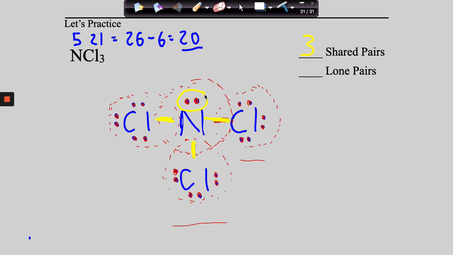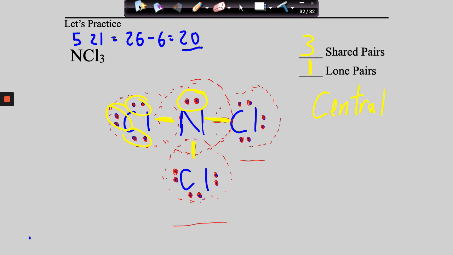Then here we've got 1 lone pair of electrons. And now you're saying, wait a minute, what about all these other lone pairs all around this molecule? And guys, when we do shared and lone pairs, it's only around the central atom. So that would be 3 shared and 1 lone pair. Okay, so there we did NCl3. Again, 4 steps.